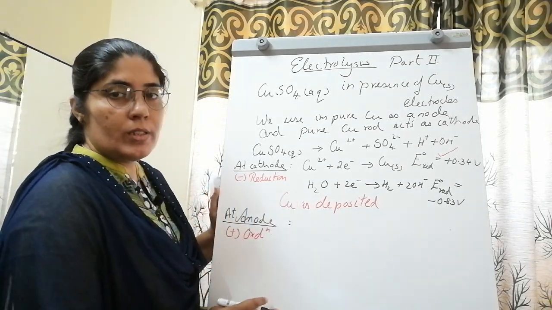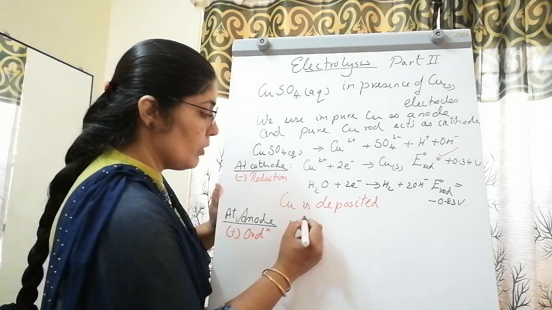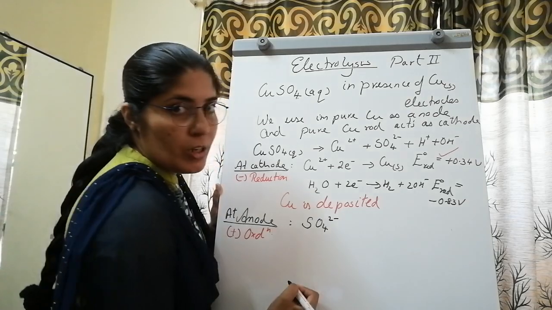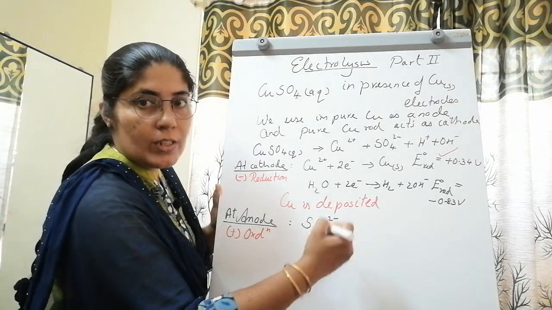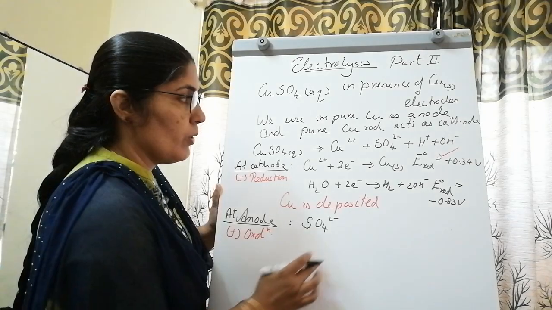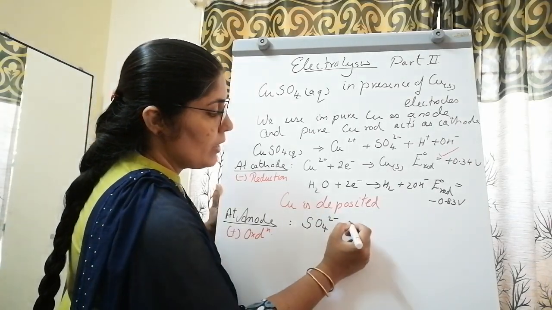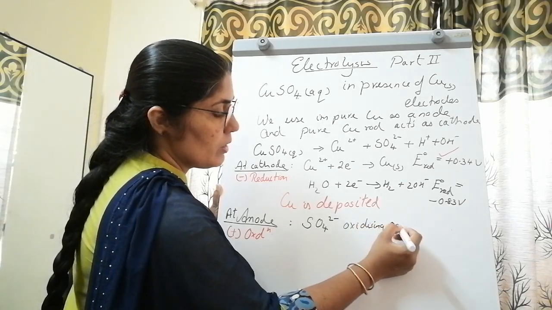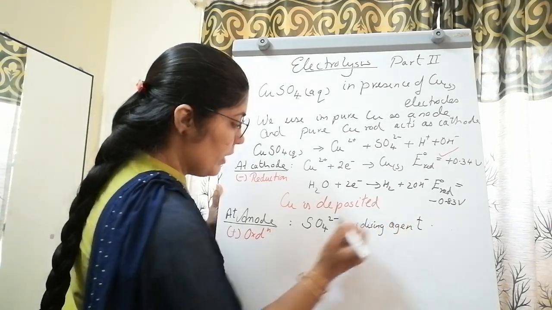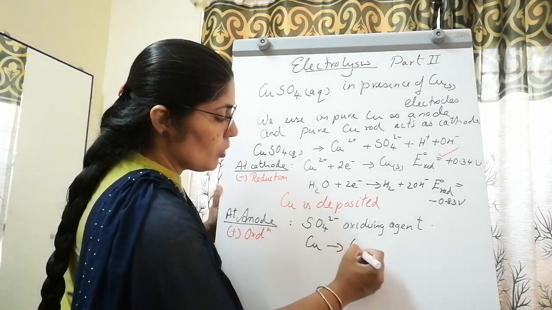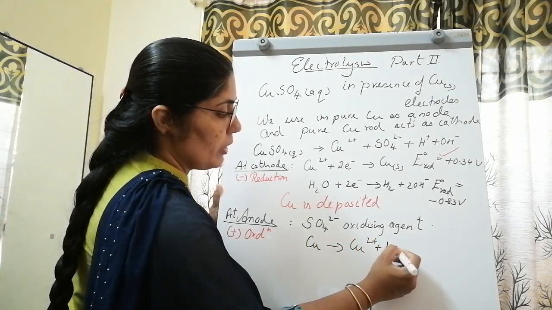In this case we have sulfate ions present. Sulfate ion acts as a better oxidizing agent, and hence it oxidizes copper to Cu2+ plus 2 electrons.